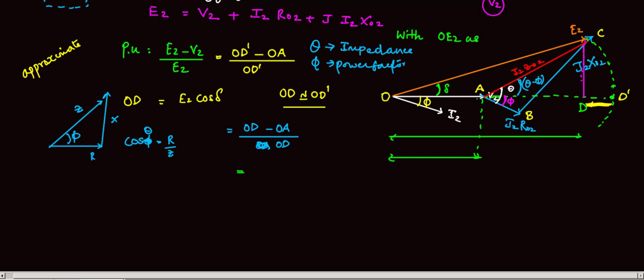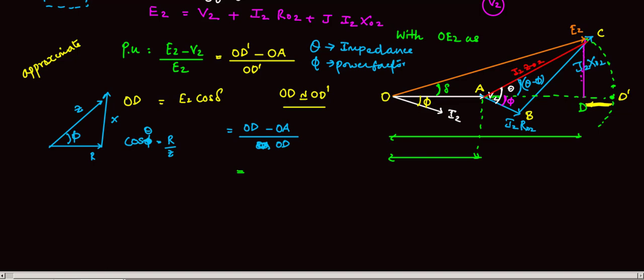So I am removing OA from OD. What I get is the projection of the perpendicular, I2 ZO2 cos of theta minus phi.